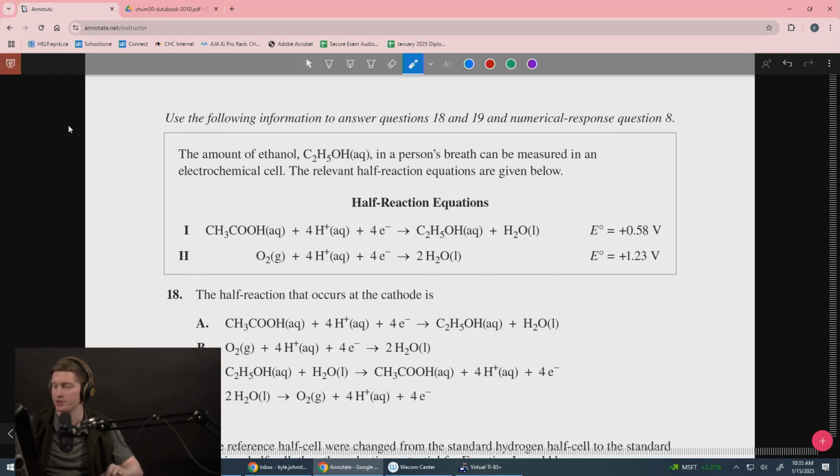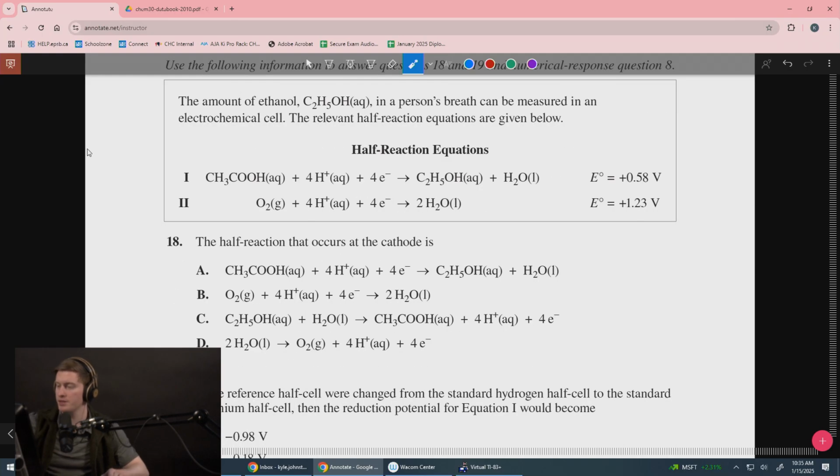The amount of ethanol in a person's breath can be measured in an electrochemical cell. The relevant half reaction equations are given below. Ethanoic acid plus 4 protons plus 4 electrons becomes ethanol and water.